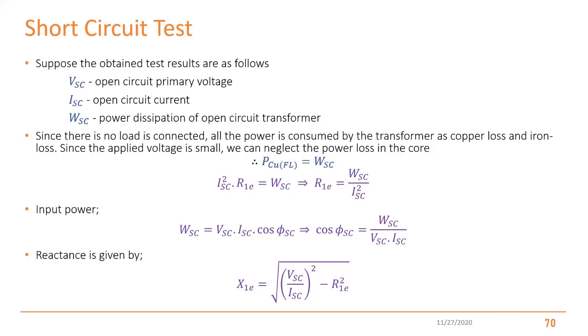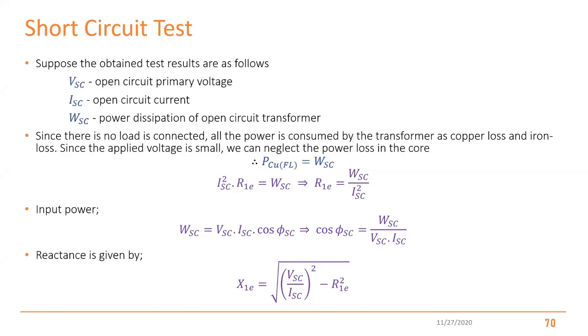Because the transformer is short circuited, whatever power is supplied by the electrical supply is dissipated in the resistors. Therefore the copper loss should be equal to the power dissipation. That means P copper loss at full load should be equal to W_SC, the power dissipation of the transformer.